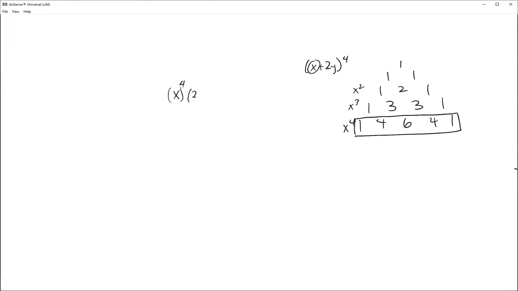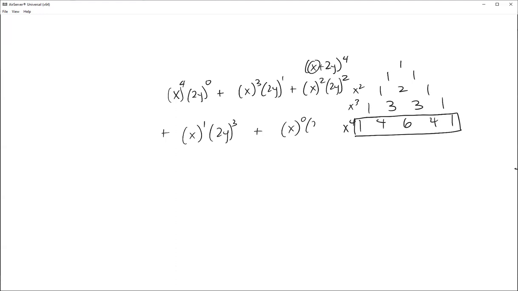So it'll be x to the fourth, 2y to the 0 power, plus x to the third power, 2y to the first power, plus x to the second power, 2y to the second power, plus x to the first power, 2y to the third power, plus x to the 0 power, 2y to the fourth power.